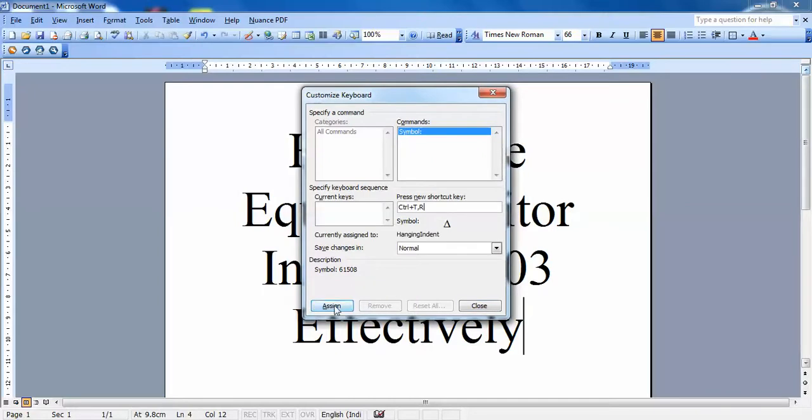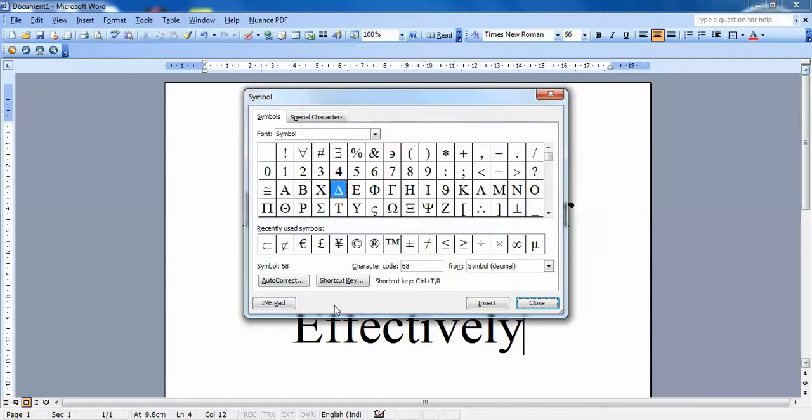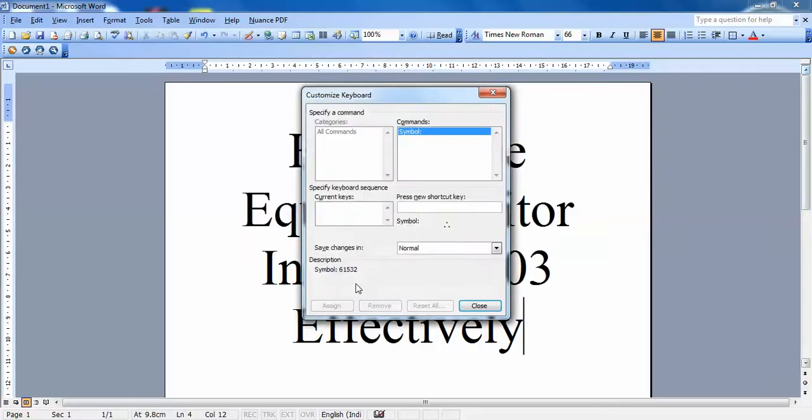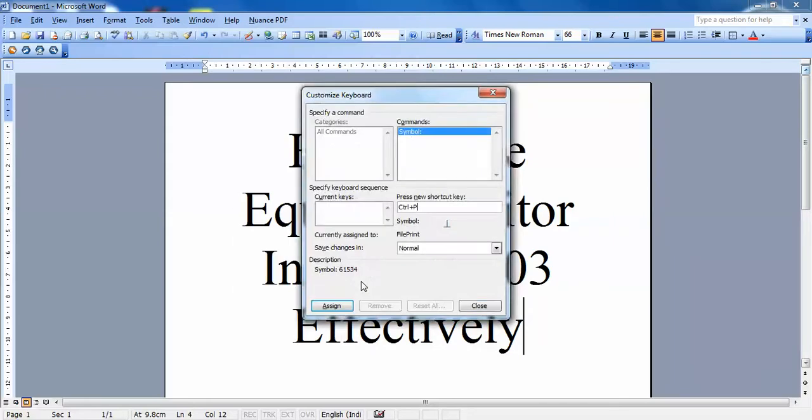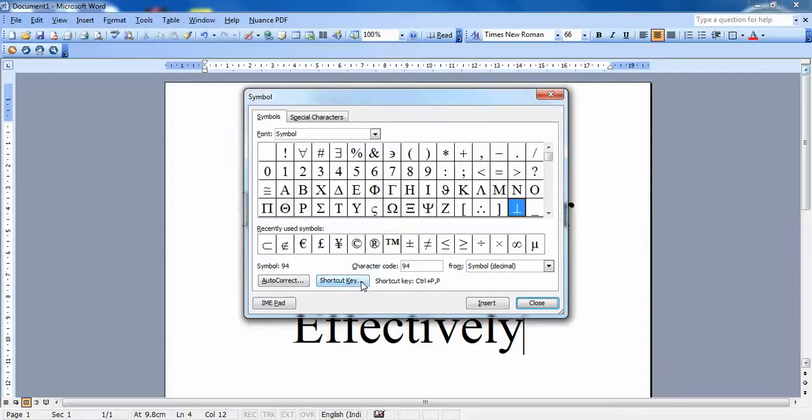Remember one thing, that we are going to use only those letters which basically represent the same word. Now from here we will select therefore, because there is no therefore on the keyboard. So Ctrl TF, therefore. Then we shall take a perpendicular because there is no perpendicular on the keyboard. So Ctrl P, that is for perpendicular.